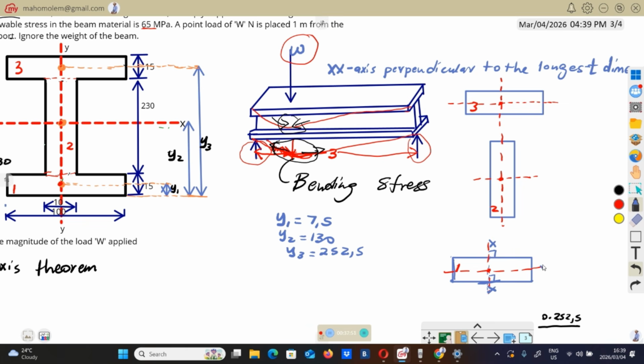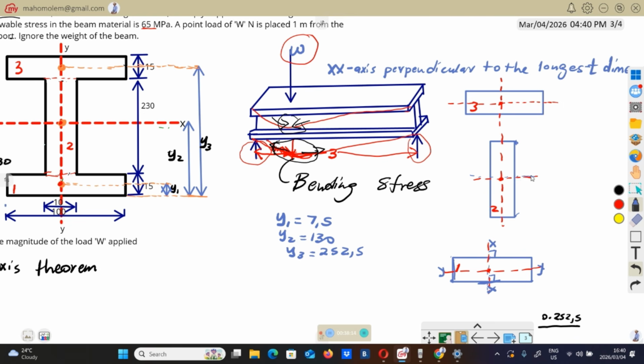Then this line parallel to the long dimension, we're going to call it YY. So this is YY axis, this is XX axis. So you do the same thing here. This is the longer dimension from here to there. So perpendicular to it is this line.